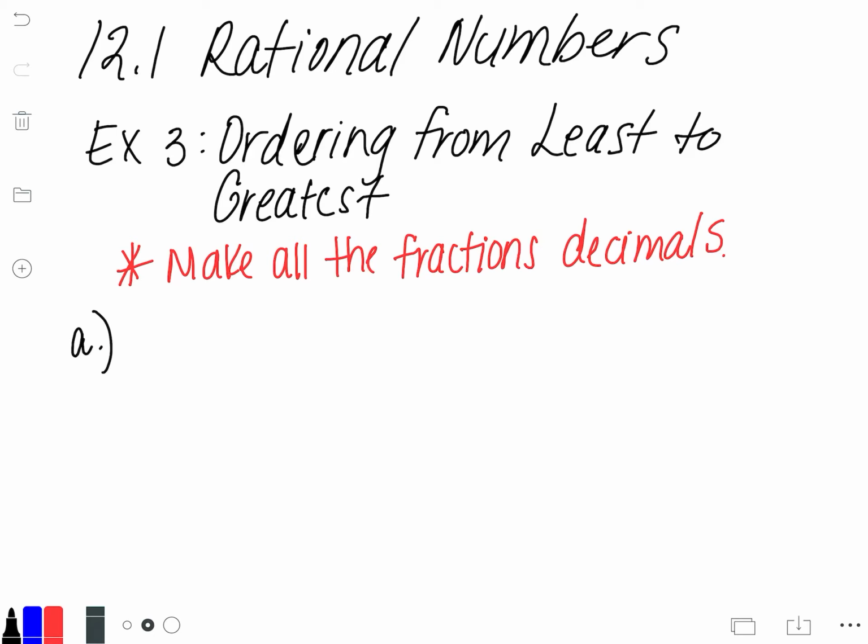So write down these numbers. Let's say we've got 2.1, -6/10, -9/4, -0.75, and 5/3.